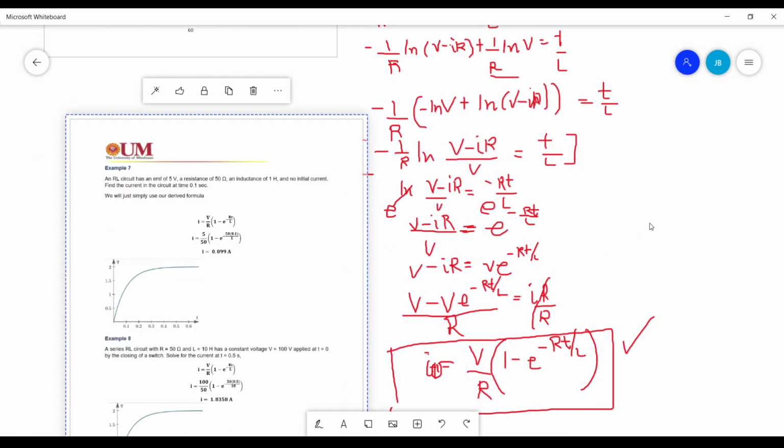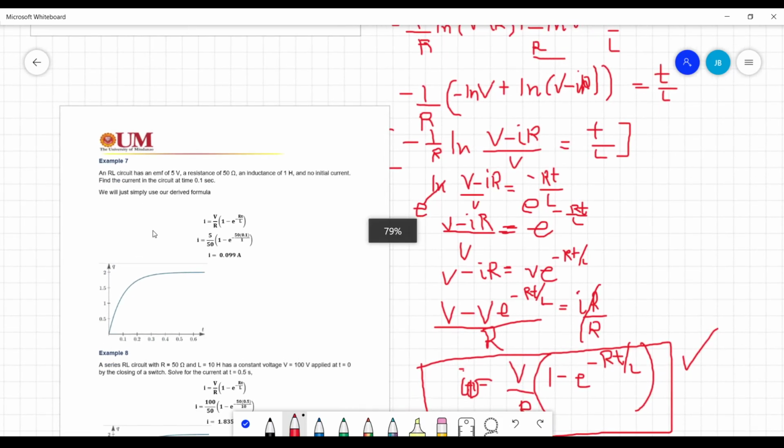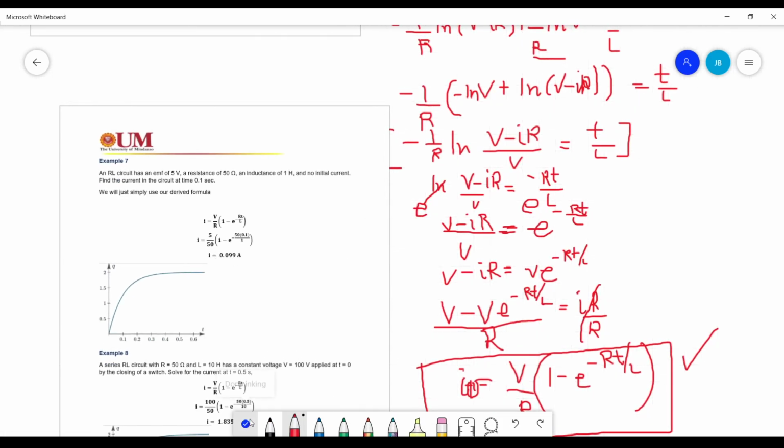Okay, so give an example here. An RL circuit has an EMF of 5 volts, a resistance of 50 ohms, and an inductance of 1 hertz. And there is no initial current. So we will just simply use our derived formula. Pero guys, if wala pa gani na derive ang formula, you need to derive, of course.